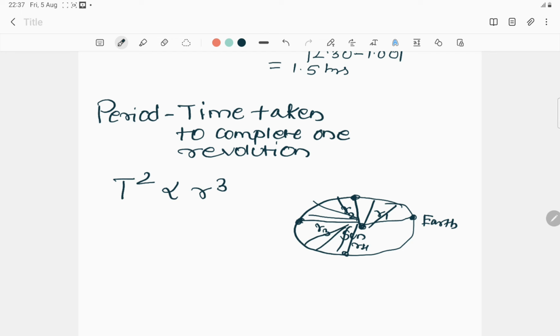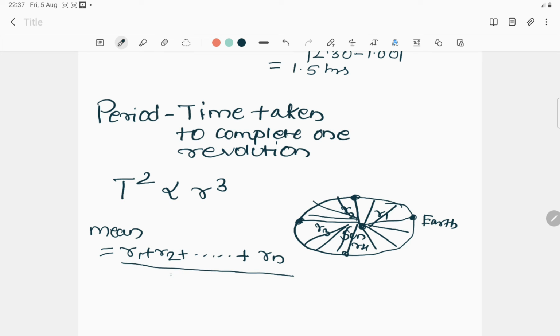So what is the mean? If there are n observations, then the mean, in this case, will be r1 plus r2 plus dot dot dot, that means there are many more, r3, r4, r5, up to rn, upon the total, that is n, because there are n observations.